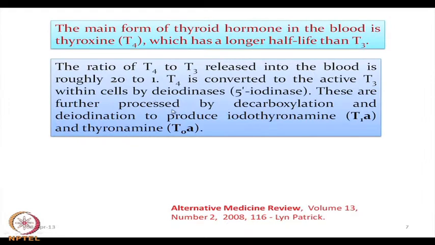The ratio of T4 to T3 formed and released into the blood is roughly 20 to 1, so the concentration of T4 in the bloodstream is always about 20 times higher than T3.